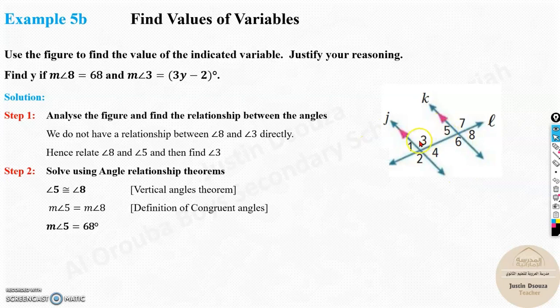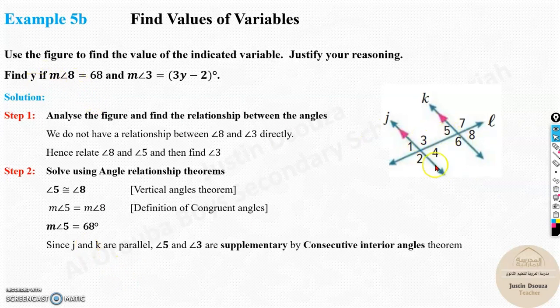Now, how do we get a relationship between 3 and 5 so that we can find y? We know they are on the same side, so they are consecutive interior angles. In one of the theorems we had seen, if we go back in the video, I forgot to tell that whenever they are on the same side, they are supplementary.